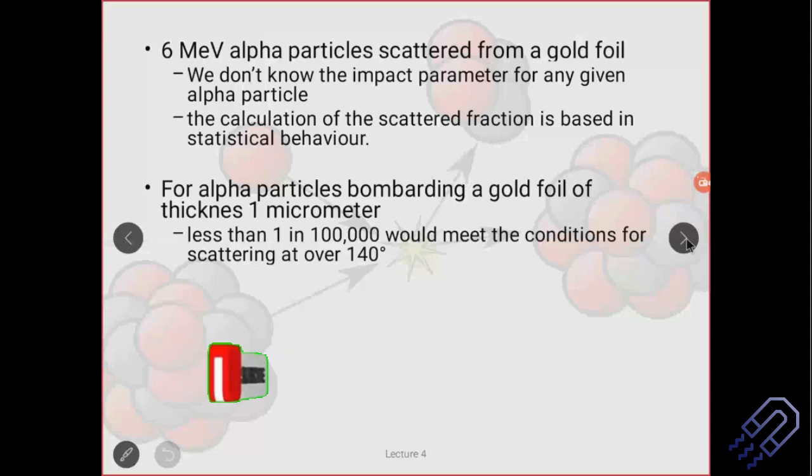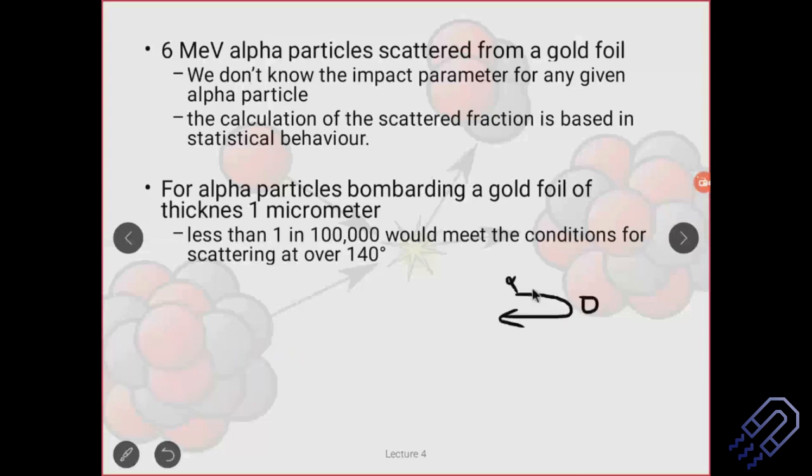What does it mean? It means the alpha particle had a head-on collision with the center of the nucleus, and that's why the deflection was very large. If you consider basically 140 degrees, this is a very large deflection, and this is what is called scattering. You understand what is diffraction and scattering; that has to be one of my favorite questions whenever I ask in viva.